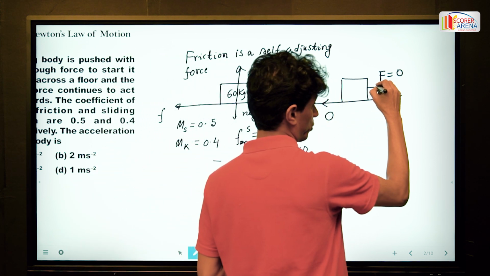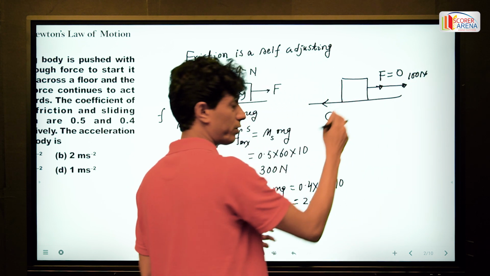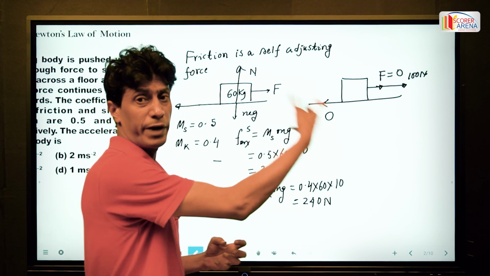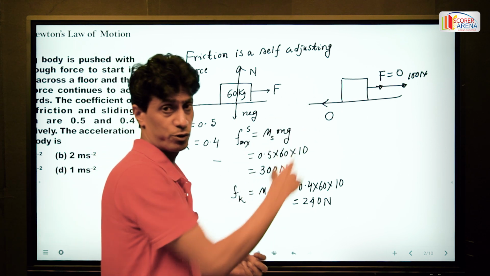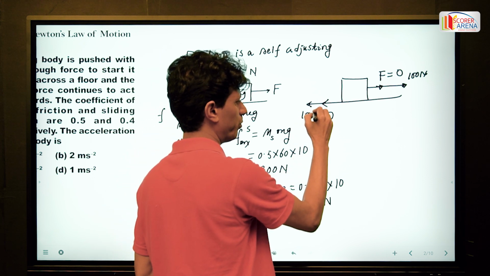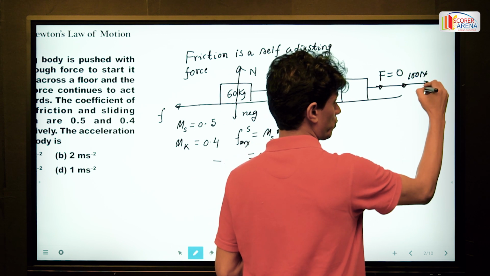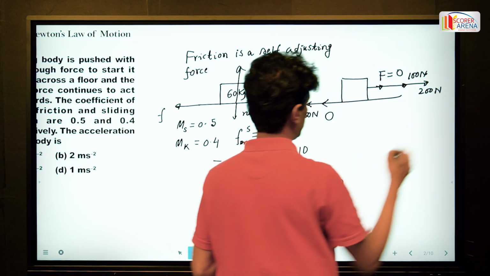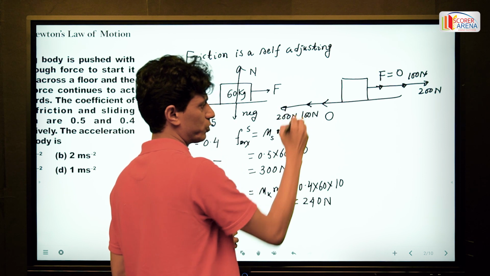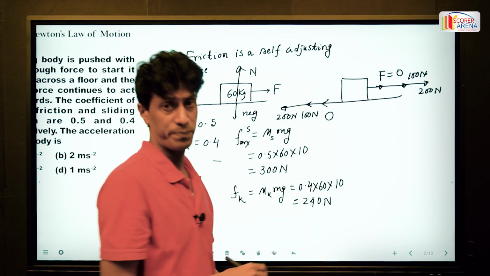If this force goes on increasing, say it is 100 Newton, so friction, being a self-adjusting force, imitates the magnitude of the applied force on the body, and friction here becomes 100 Newton. If this force is 200 Newton, friction becomes 200 Newton. So friction is a self-adjusting force as per the action given on the body.